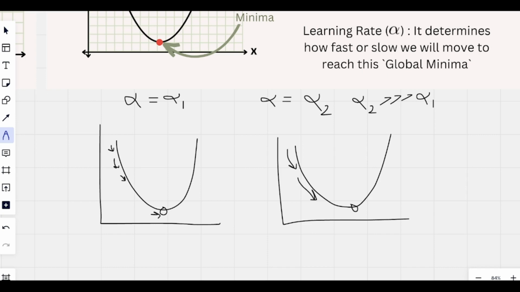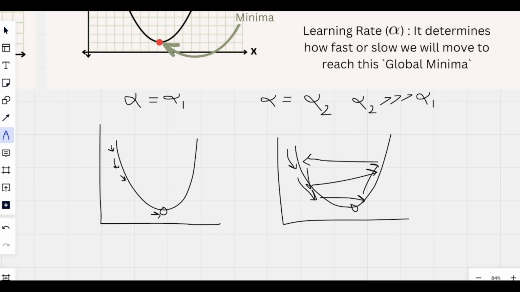This is a step. Next step it will take here, then from here to here, then again from here to here. So it is just moving back and forth, but it isn't actually reaching this global minima. It is overshooting the condition.